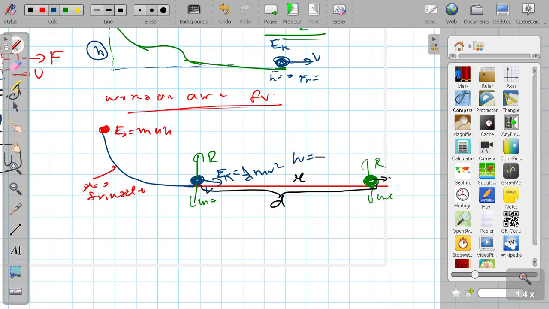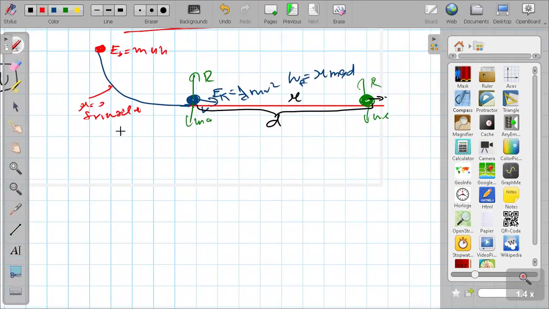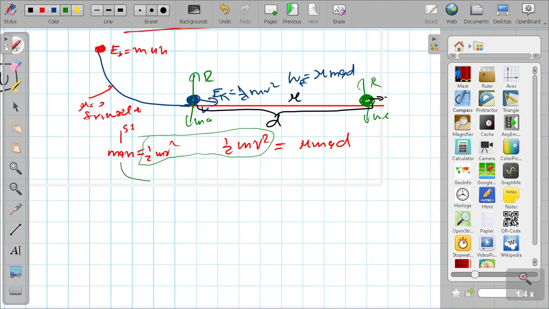So the amount of work done against friction is mu mg d. So the work done in the first case is mgh equals half mv square. In the second case, half mv square should be equal to mu mg d. So you can see these two terms are the same, and then you can link these two together. See whether you can understand it or not.